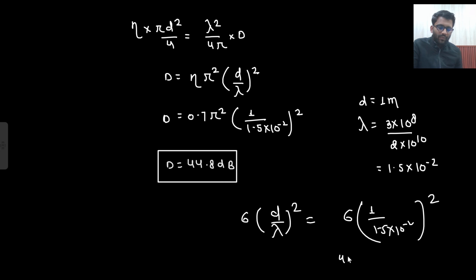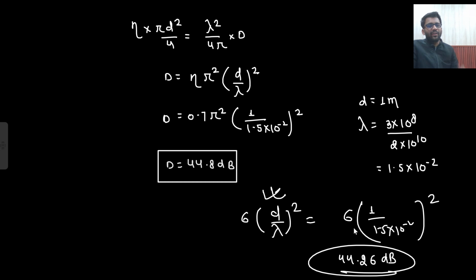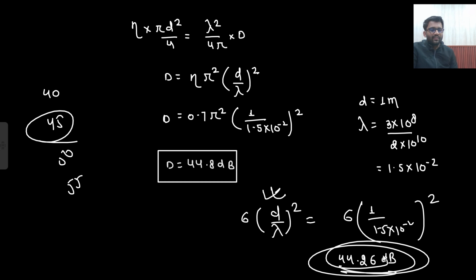Here you are getting 44.25, 44.26 dB. So even if you had applied this formula, it would also be correct by the options, because in the options they would be framing 40, 45, 50, 55. In that manner they would be framing. So you would click on 45 only if you are getting this answer. So luckily you would have been correct in this option as well.